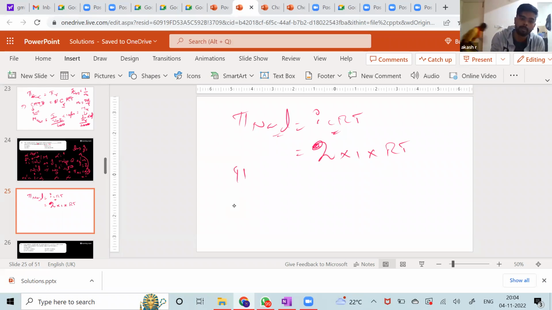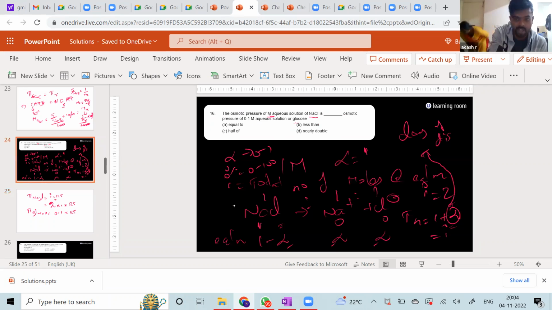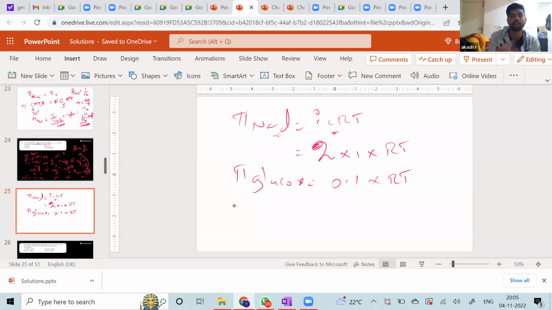Same way, pi of glucose solution. Now there is no i here, but what is the concentration? Concentration is 0.1, so 0.1 into R into T. Is temperature changing or the same? Nothing is given about the temperature, so temperature is the same. Now what is happening? This is 2 times RT, whereas this one is 0.1 times RT.